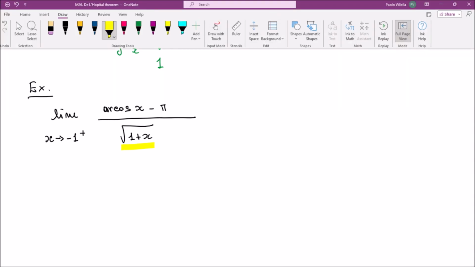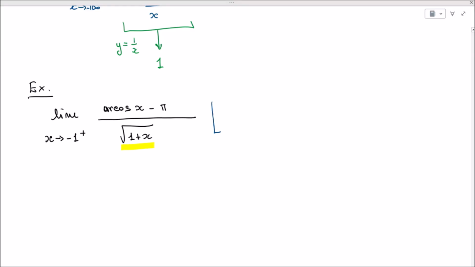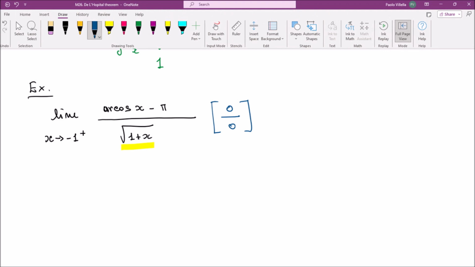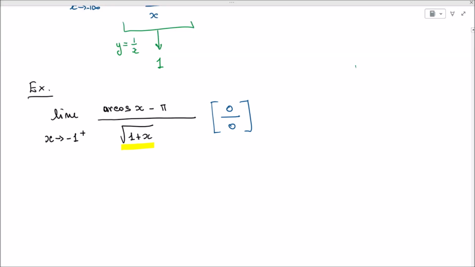And we immediately recognize this to be another undetermined form, because when x goes to minus 1, our cosine goes to pi. I will be now plotting as a reminder the arc cosine function.